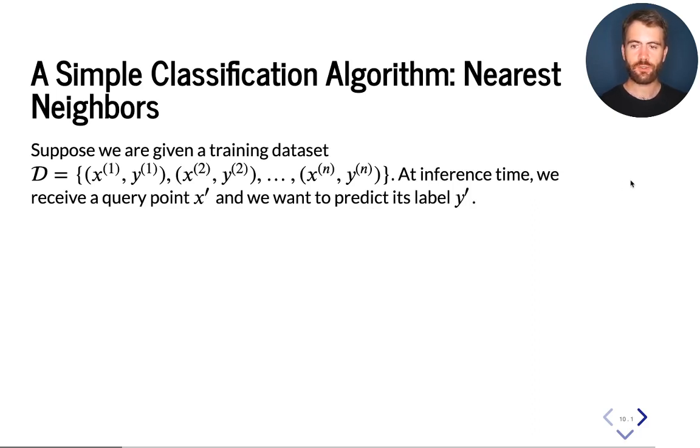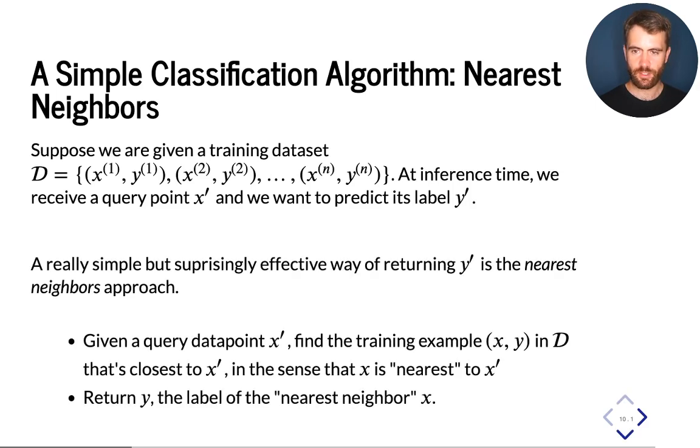Nearest Neighbors takes a really simple and perhaps deceptively simple approach, and you may not even think of this as a machine learning algorithm initially. When given a query point x prime, we find the training example in our data set D that is closest to x prime, in the sense that the inputs x are as close as possible to the query point x prime.